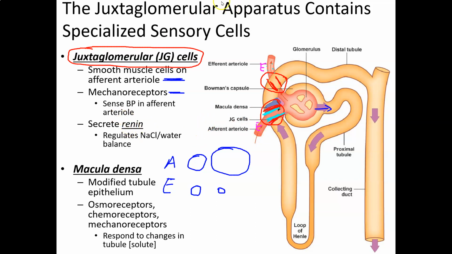The other big thing about these JG cells is they secrete renin. And again, notice there's only one N in it, and from what I understand, it's really supposed to be pronounced differently, but I don't know anybody who does. I've never had a professor who did it. But don't confuse it with rennin. Rennin, with two N's, is an enzyme that curdles milk in mammals.